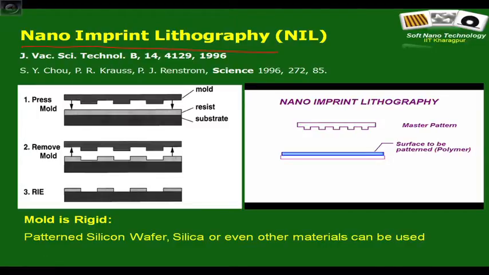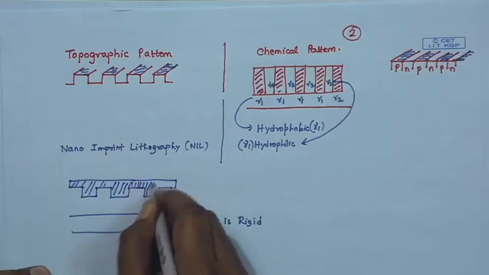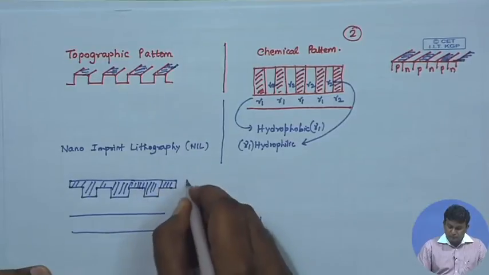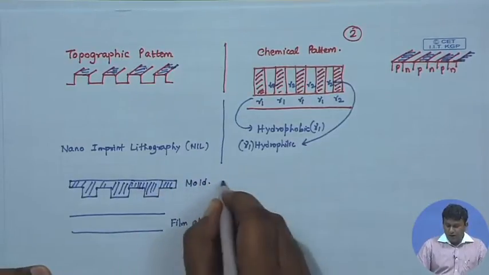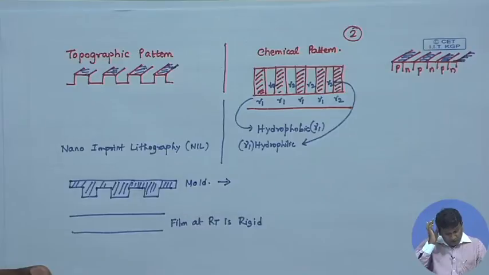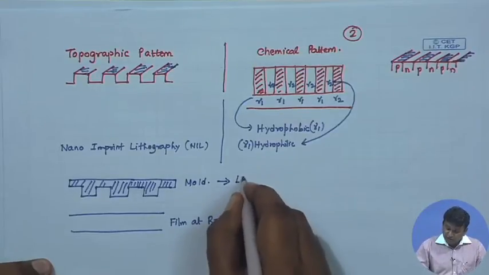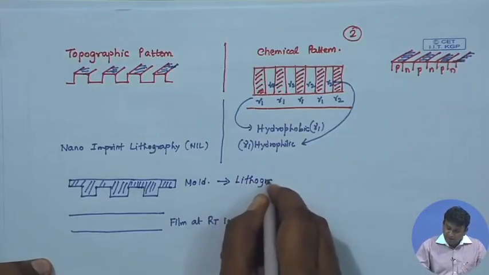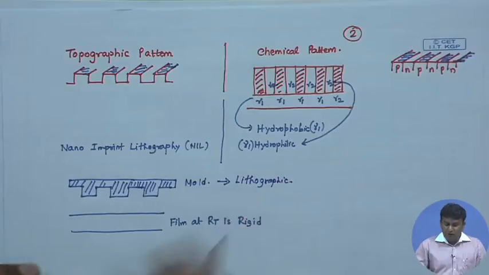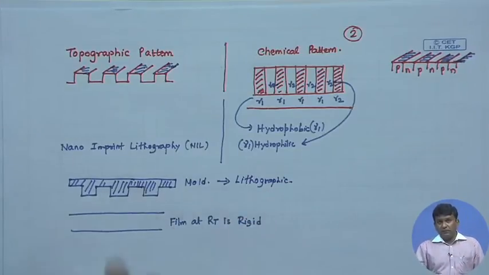So, you have a mold. Typically, this is made by some lithographic technique, which is fine. All you need to do is emboss this mold against the film, but if you try to do that at room temperature, as I already mentioned, the film is rigid.